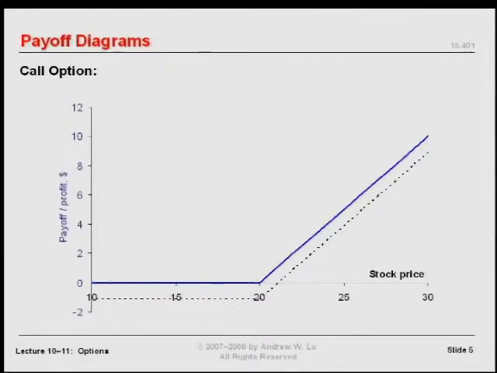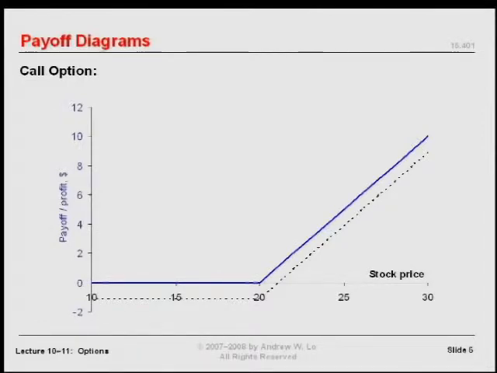The most important parameter is, of course, the price of the stock or asset on which the option is written. This is an example of a payoff diagram that plots the value of the option at maturity for a call option on an underlying stock. The x-axis is the price of the stock, and the y-axis is the value or price of the option on the date of maturity or exercise.